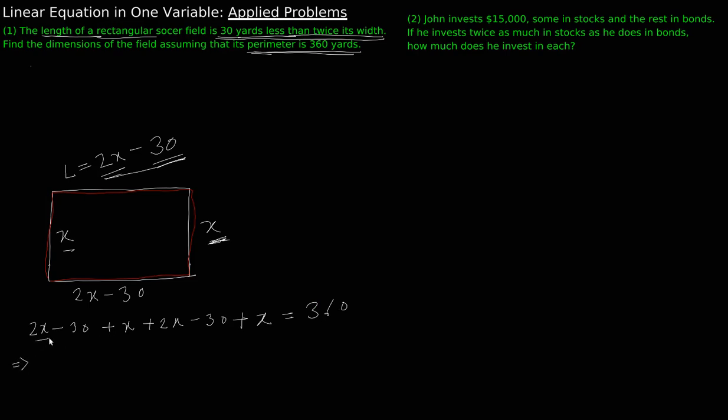Now let's do some number crunching. I have 2x plus x plus 2x plus x, so in total I have 6x. Here I have negative 30 and another negative 30, so negative 60, equal to 360. So 6x equals 360 plus 60, which is 420.